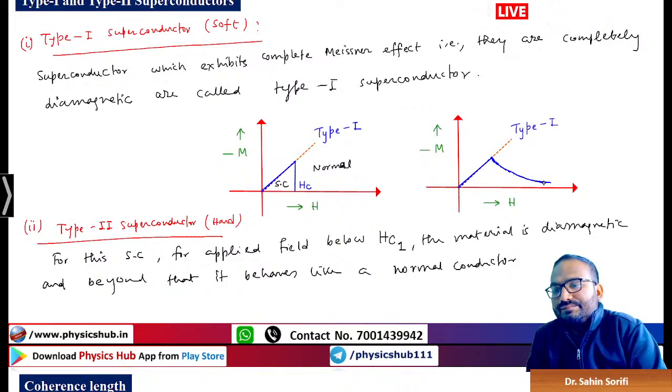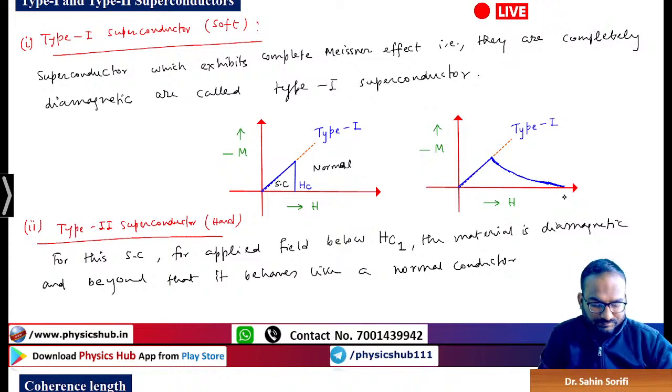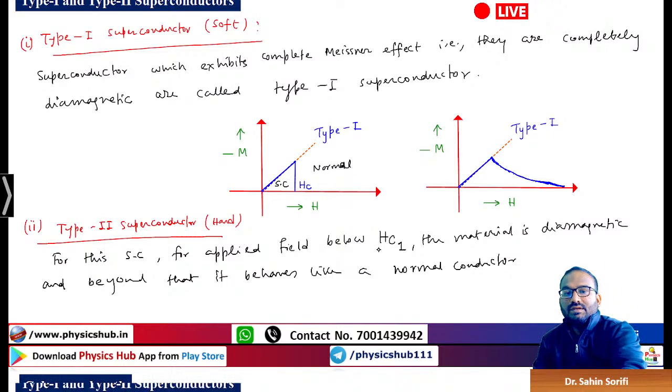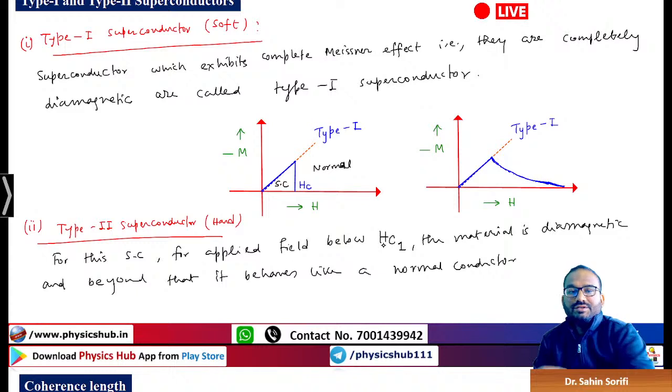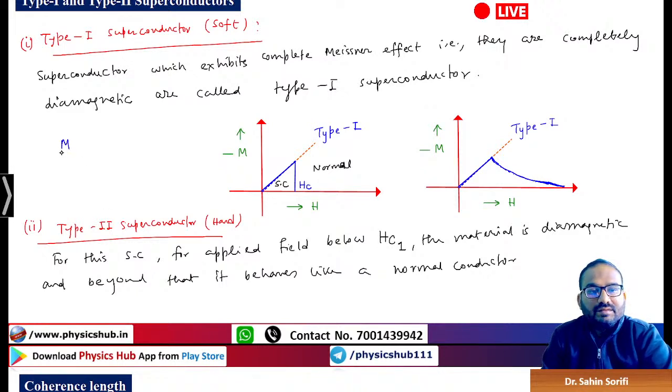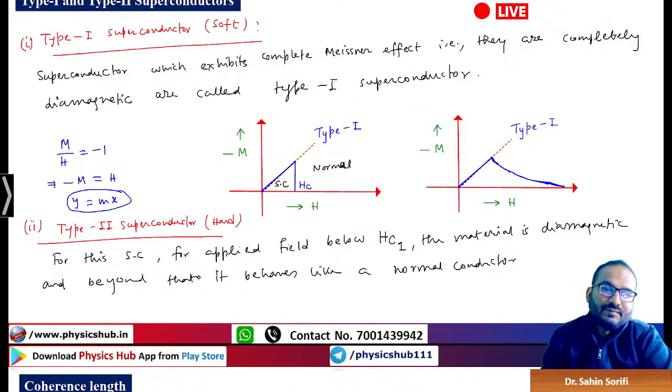You see, this will completely touch. This straight line comes from the fact that M by H equals minus 1. You can say minus M is equal to H, it is like y equals mx, the straight line.